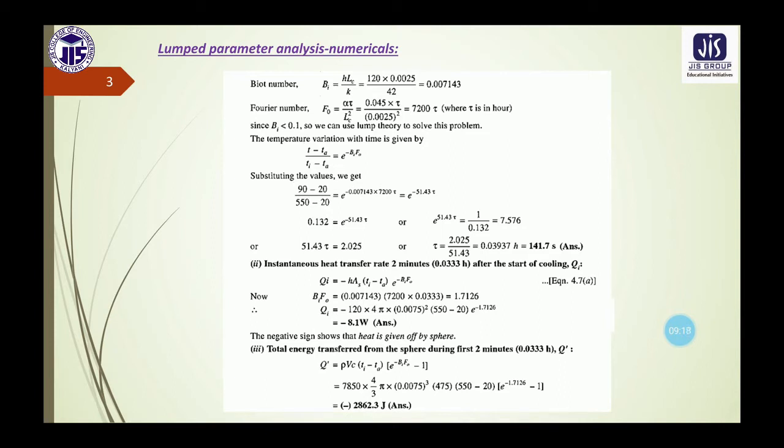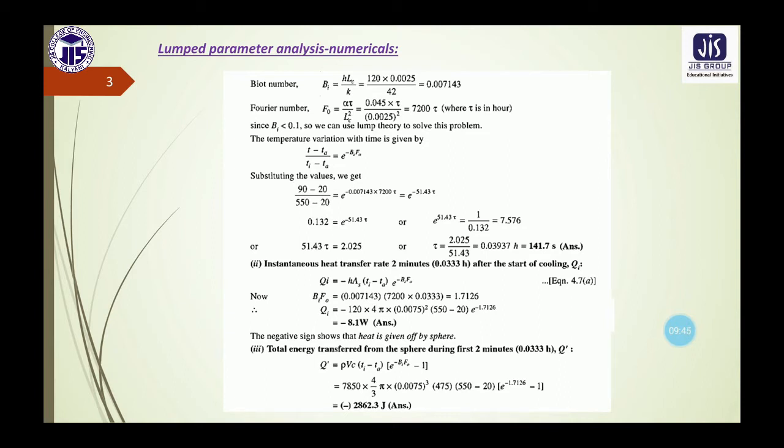The equation we will be using is Q equals rho V c multiplied by the temperature difference, then multiplied by (e to the power minus Biot number into Fourier number minus 1). In this equation, all the values are given in the question.